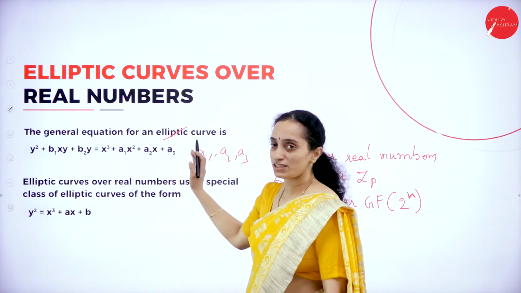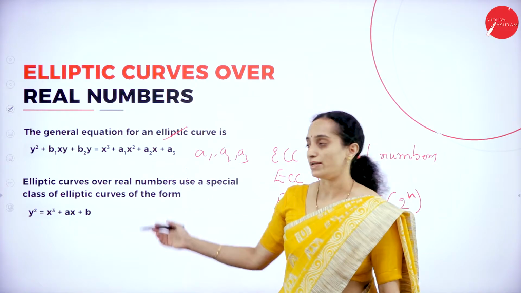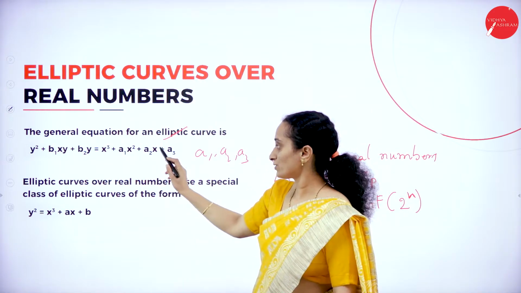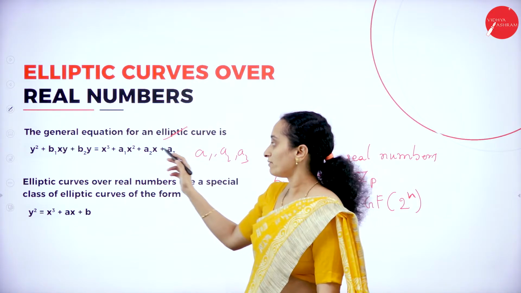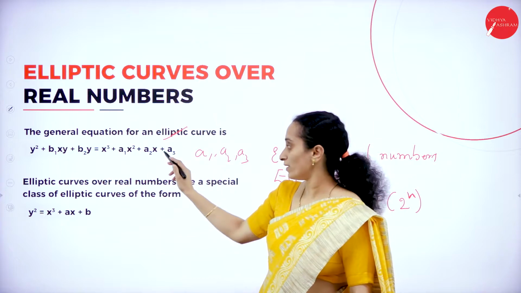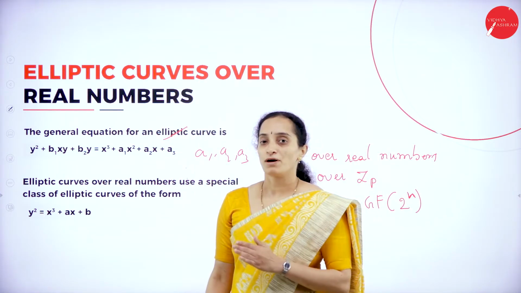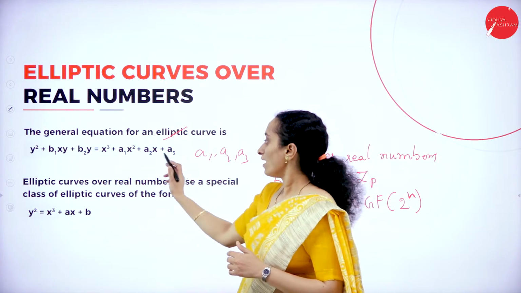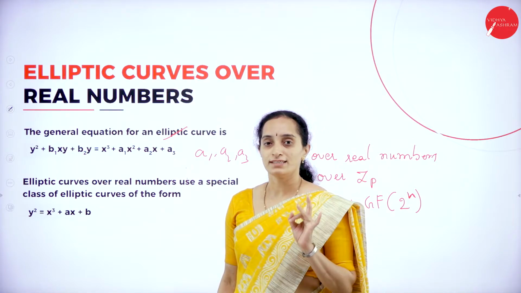So there will be diminishing powers of x and increasing a values. So x3, x2, x and a. Diminishing powers of x will be used along with 3 different variable values a1, a2, a3.